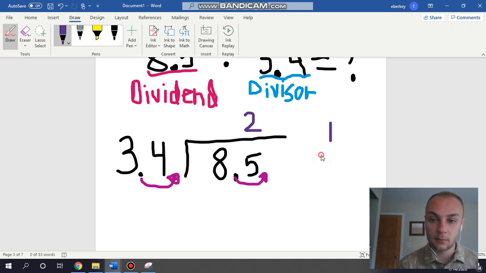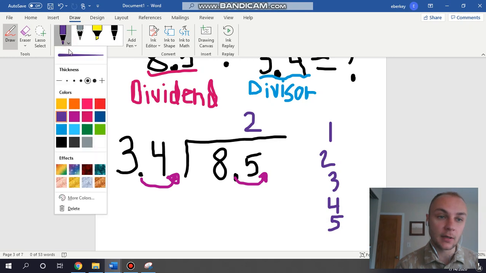1, 2, 3, 4, I'm only going to go down to 5, okay? And we just write out the multiplication facts that we know for 34.